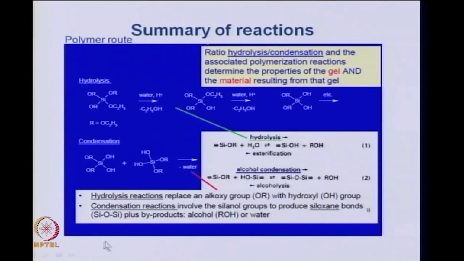In hydrolysis reactions you replace an alkoxy group with the hydroxyl group, and in the condensation reactions the silanol groups, the SiOH groups, react or condense to form Si-O-Si bonds, which are called siloxane bonds, and you get byproducts like alcohol and water. So, this is to summarize these two important reactions which always take place in sol gel chemistry.